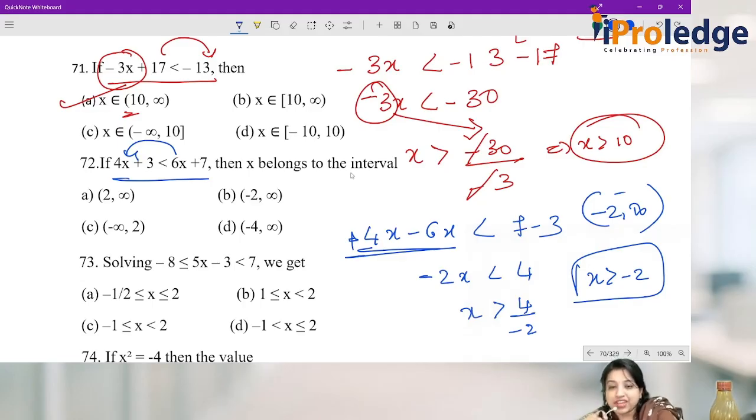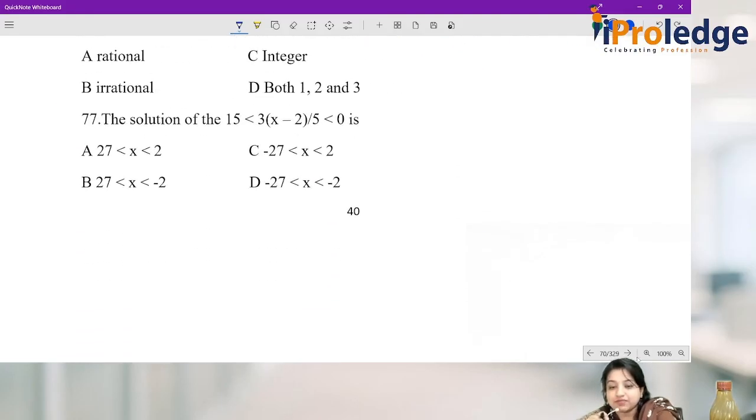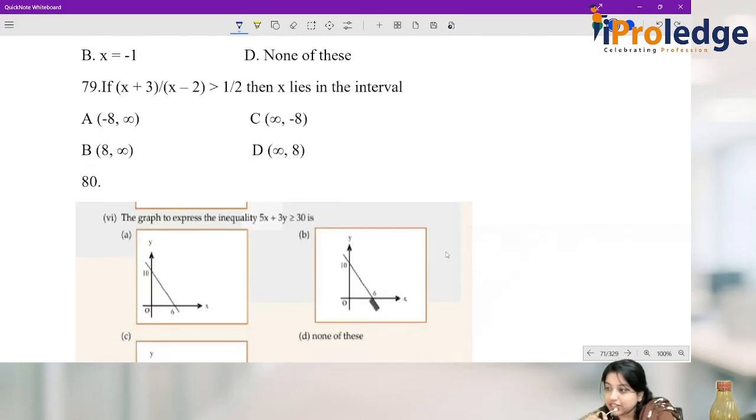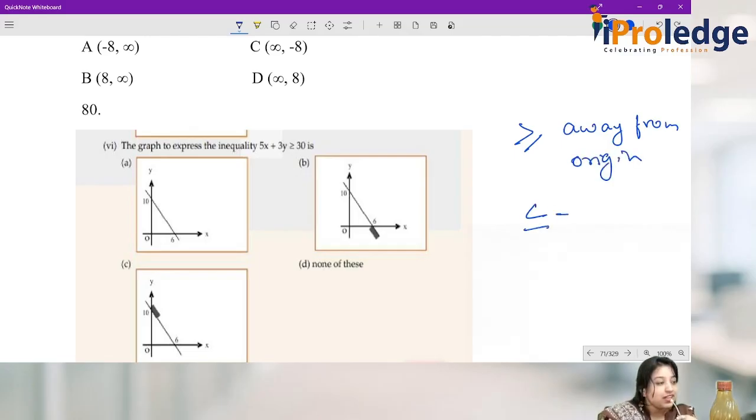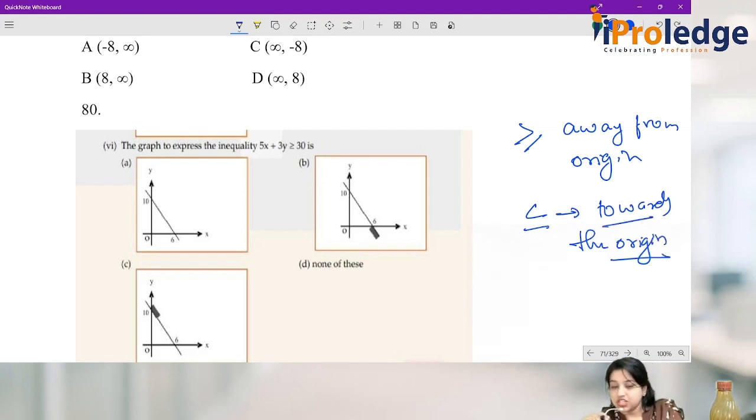Now do you remember graphs? If it is greater than or equal to, the shading should be away from the origin. Away from the origin. If it is lesser than or equal to, then towards the origin.